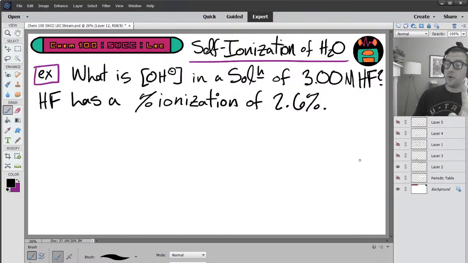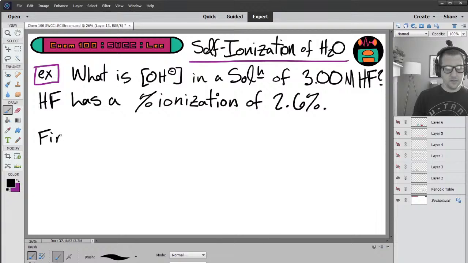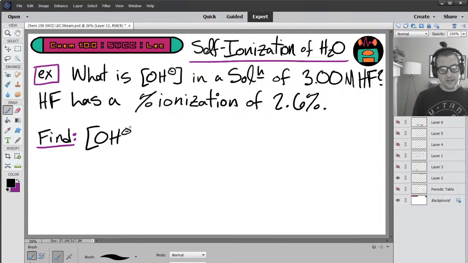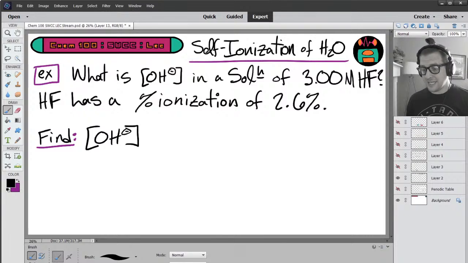First, we have to remember what to do with our percent ionization. Well, actually, first, what do we want to find? We want to find the concentration of hydroxide. And you'll notice that hydroxide's a base, and we're given information about an acid.